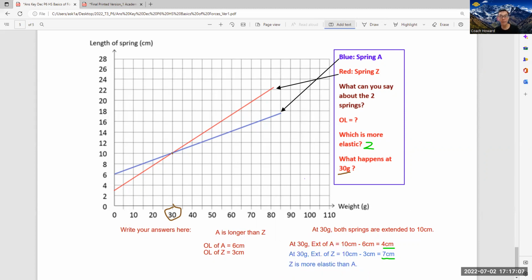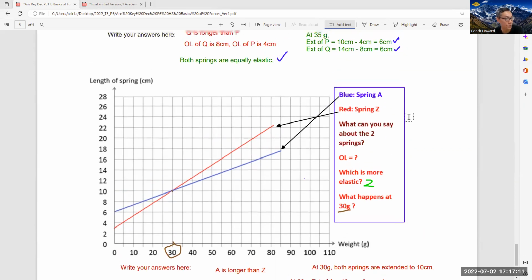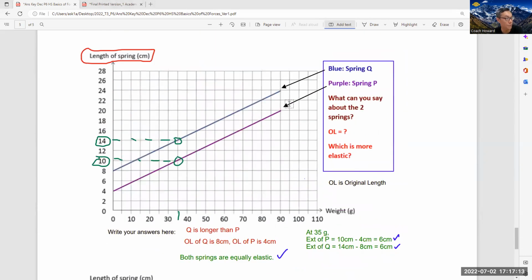So once again, just a quick review. If you see graphs that are parallel, it means they are the same elasticity. Calculate original length, because this is the length of spring. Original length is when there's no mass hanging on it. Then how to calculate extension? You use a certain mass.